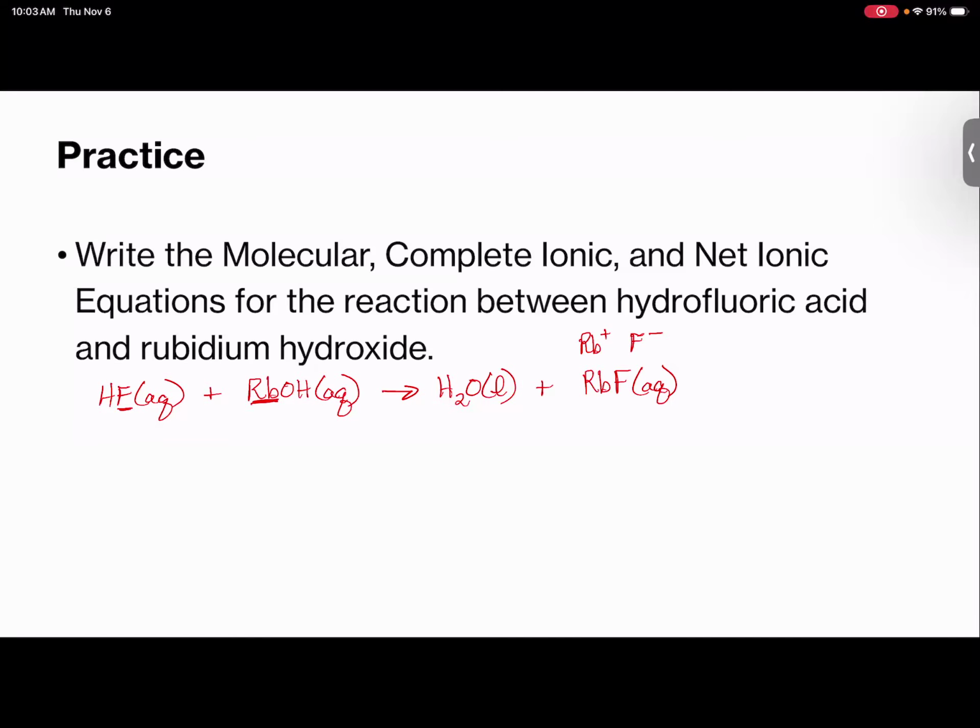This equation is already balanced, so we don't have to balance the reaction, but we do need to determine what we're working with. What is HF? It's an acid, but what kind of acid? I hear strong and weak. One of those is right. It's a weak acid, which means it's a weak electrolyte.